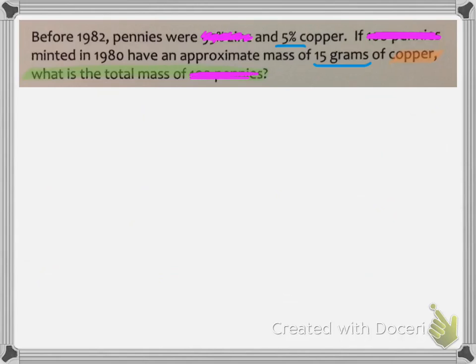So now that I've done that, I can actually look at the information I've been given and I can clarify what's being asked of me. To solve, I'm going to need to set up a percent proportion where I have the part over the whole, and I trust you to be able to plug in the values yourselves and do your very best to solve, and we will check in class tomorrow.